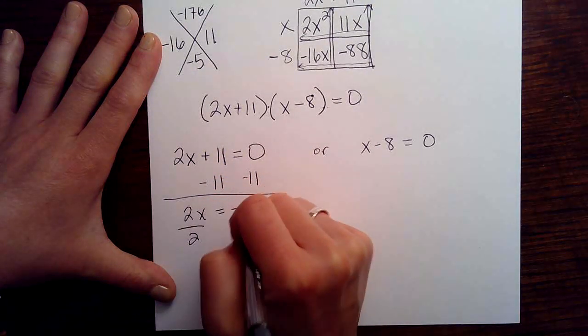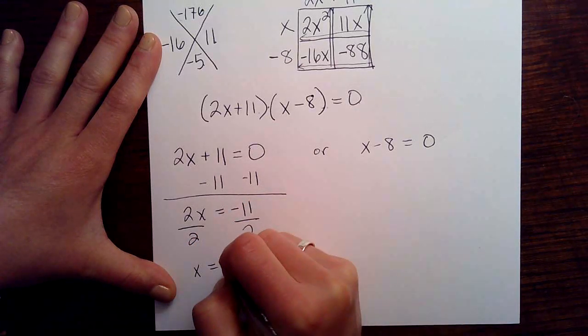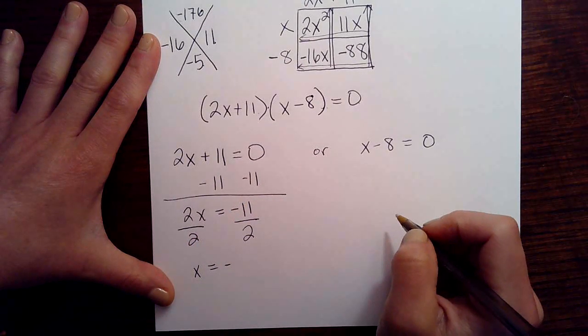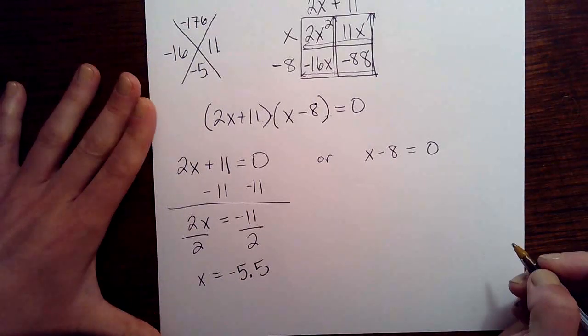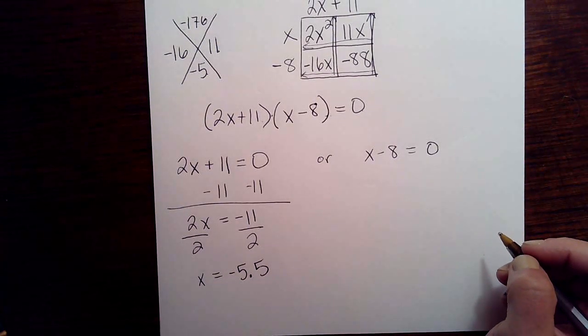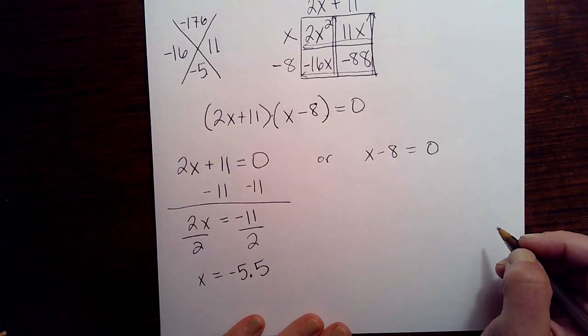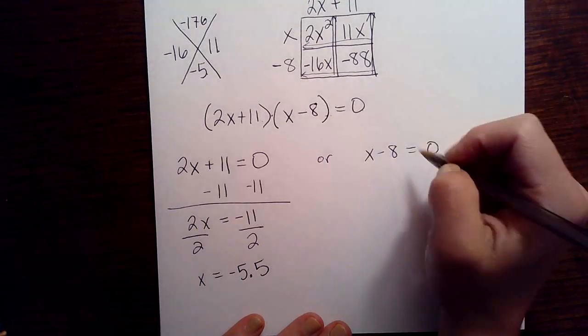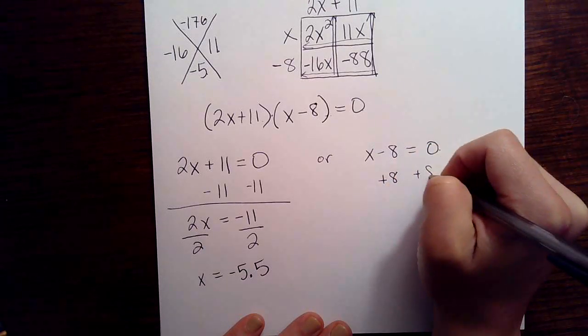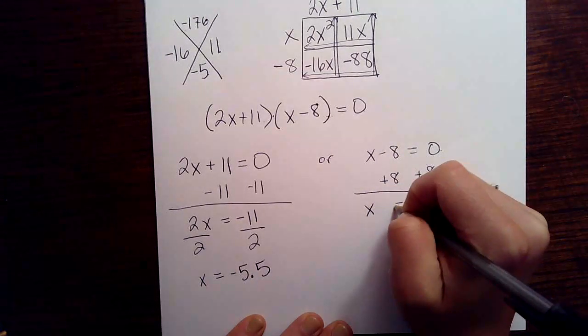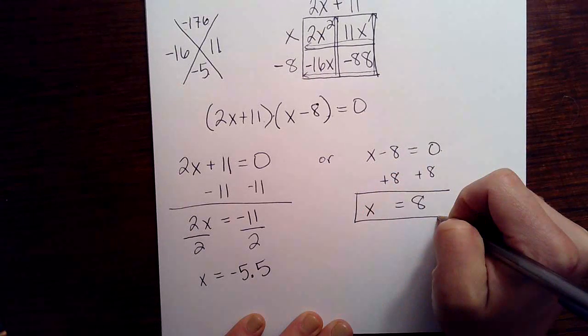And finally, I divide both sides by 2. X equals, you could leave that as a fraction, negative 11 halves, or I could write that as the decimal, negative 5.5. And the second, when I solve x minus 8 equals 0, I add 8 to both sides. X equals positive 8.